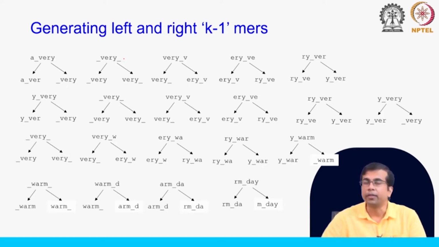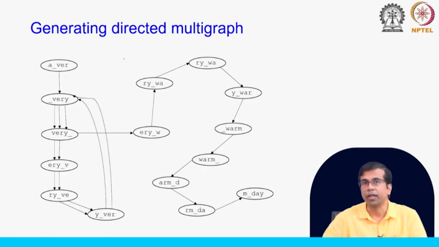Once we have built these, we can build the directed multi-graph, and this is how it looks. Again, the process is exactly the same as before. We add edges between the left k minus 1 mer and the right k minus 1 mer, and we keep on adding edges, ending up with these multi edges, until we exhaust all the reads that we have.